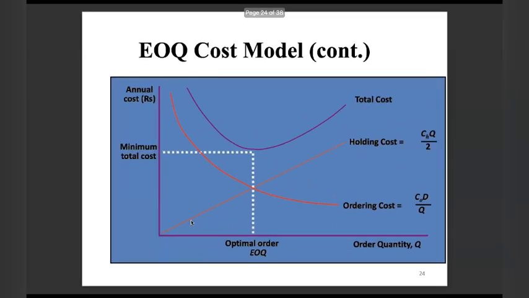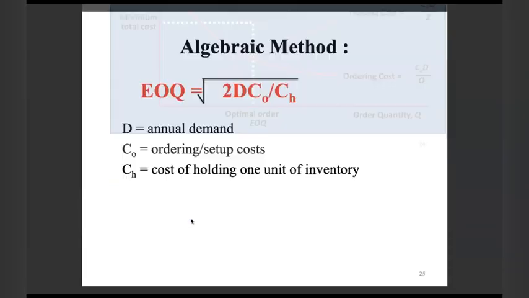Let me share the tute. So this is the graphical presentation. Now let's go to the algebraic method. In the algebraic method, we use this equation where 2 multiplied by demand multiplied by ordering cost or setup cost should be divided by the cost of holding 1 unit of inventory.